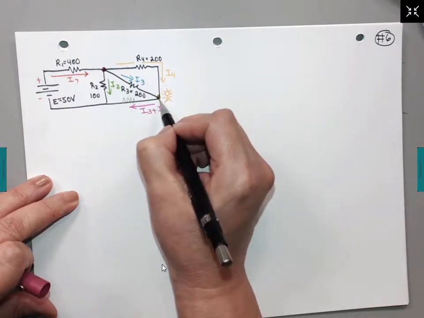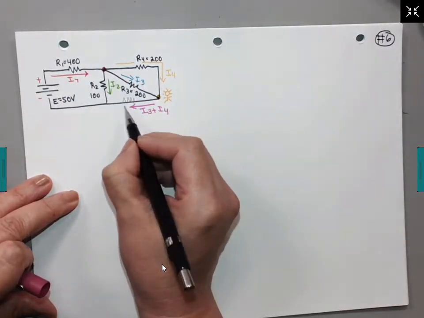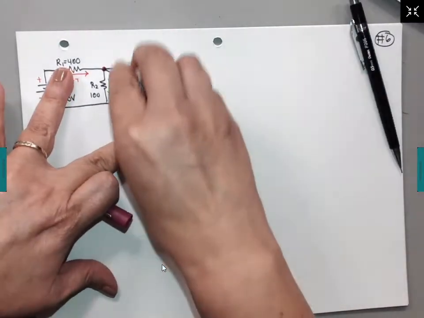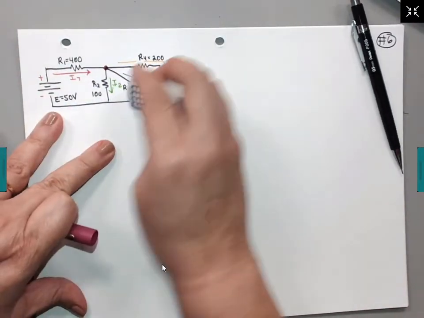You've got to be very careful. But there's no resistor. If there was, that's what you would use.